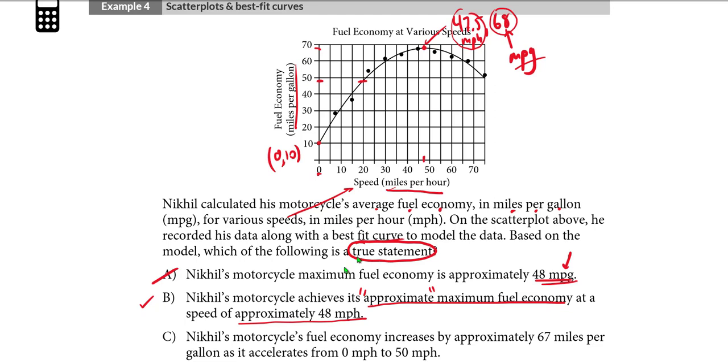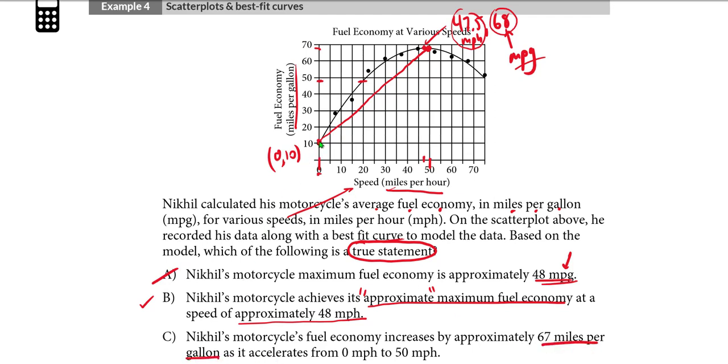Answer choice C, Nikhil's motorcycle's fuel economy increases by approximately 67 miles per gallon as it accelerates from 0 to 50. Well, let's see. If we accelerate from 0 to 50, that means we're going from there to there. Do we increase by 67 miles per gallon?